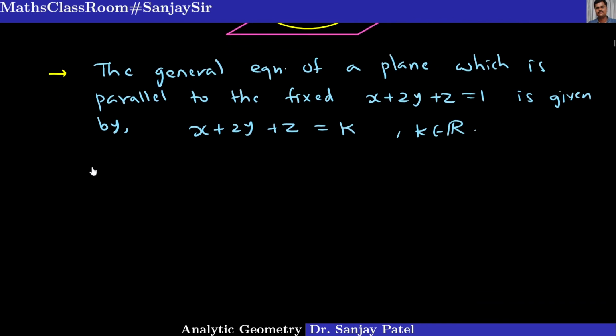according to the theorem, if a plane Lx plus my plus nz is equal to p touches the given sphere of the form x square plus y square plus z square is equal to a square, then what is the condition? Okay, so let me write this way.